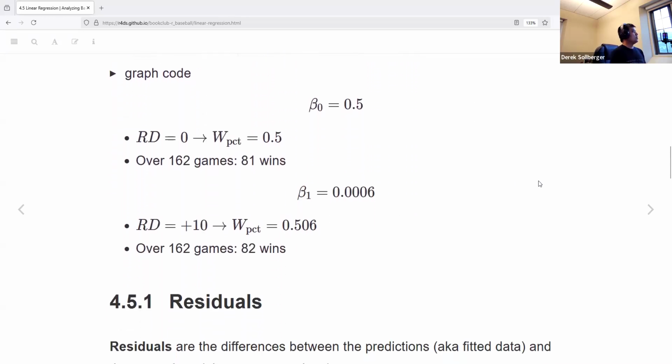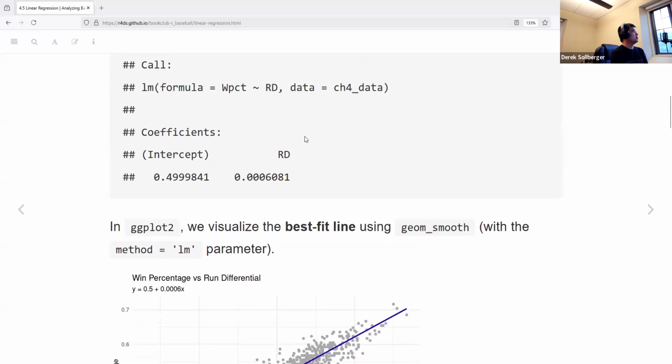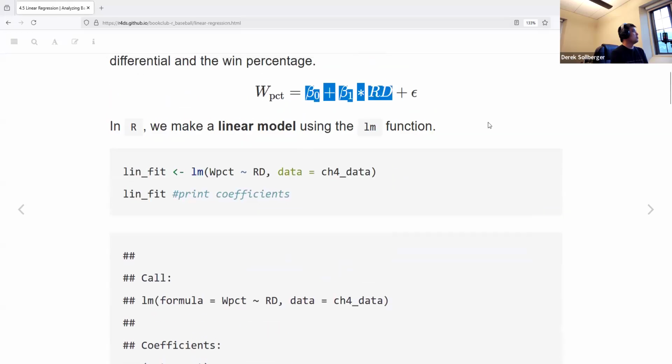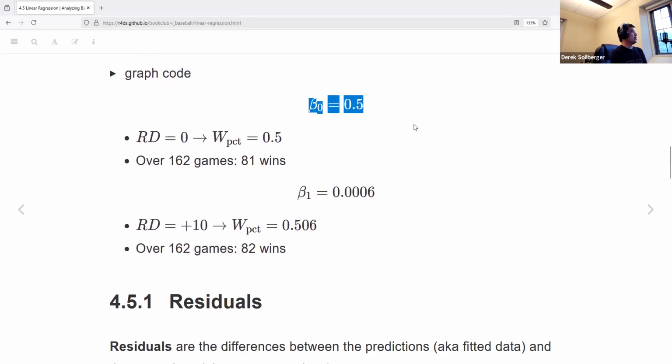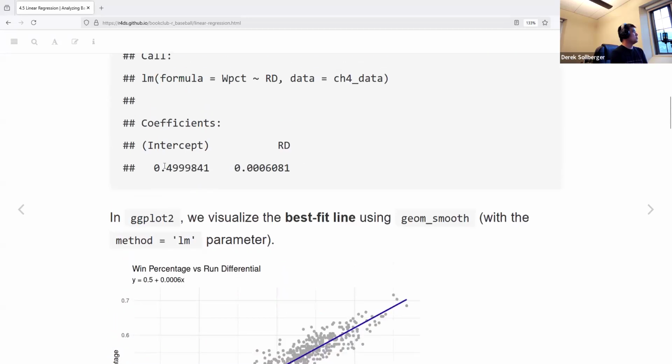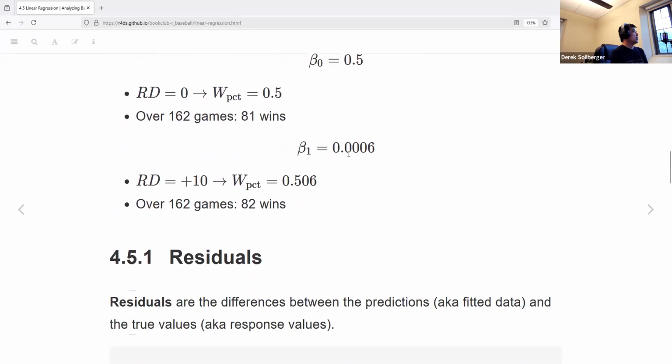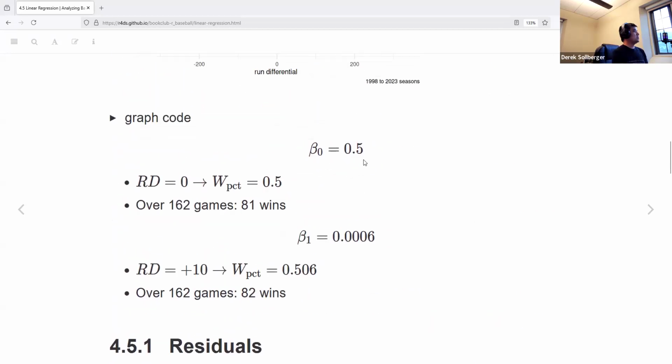Now, what we could do with that model, I should have kept a copy of the equation on the screen, but I'm talking about the beta naught and beta 1 from before. To interpret those coefficients we got from the R code, we got beta naught being basically 0.5.